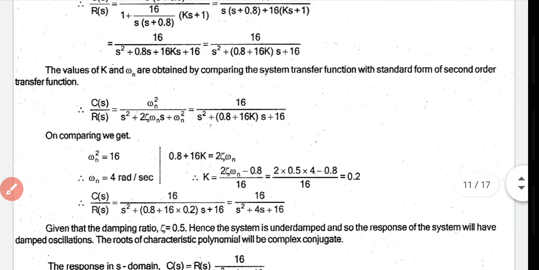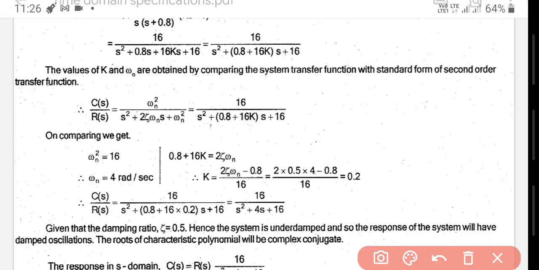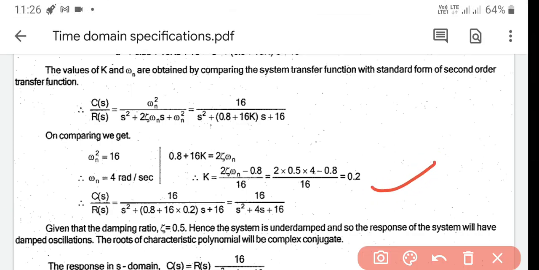In the numerator, omega n square is equal to 16, so omega n is equal to 4 radians per second. Similarly, 2 zeta omega n is nothing but 0.8 plus 16k. Substituting zeta and omega n, you obtain the value of k, that is 0.2.